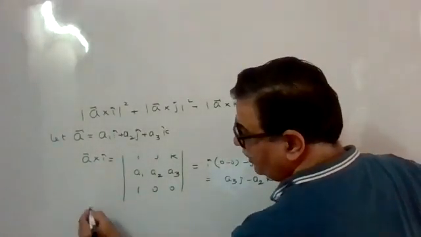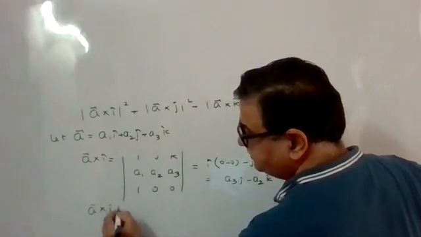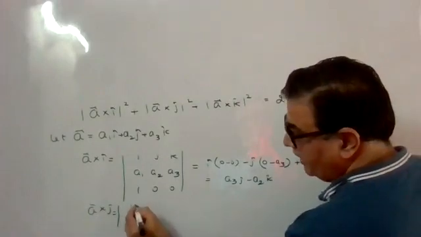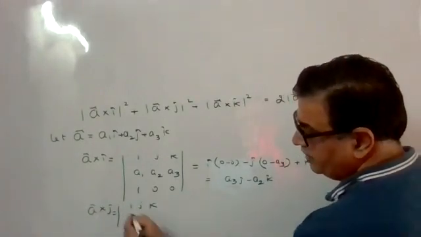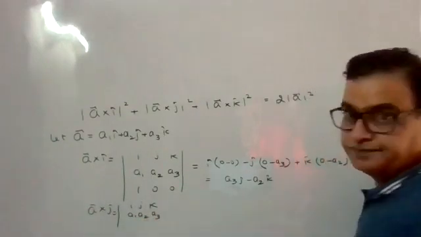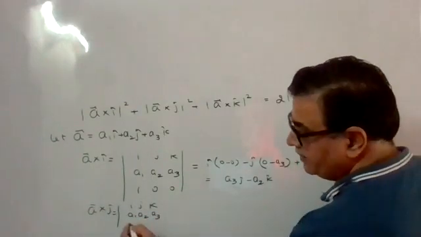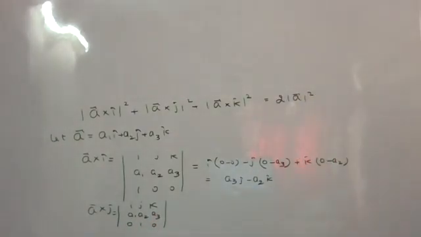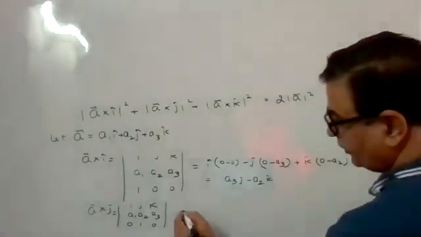Then we come for A cross J. Again it is I, J, K, A1, A2, A3, and then 0, 1 and 0. Now when you solve it, what it will come?